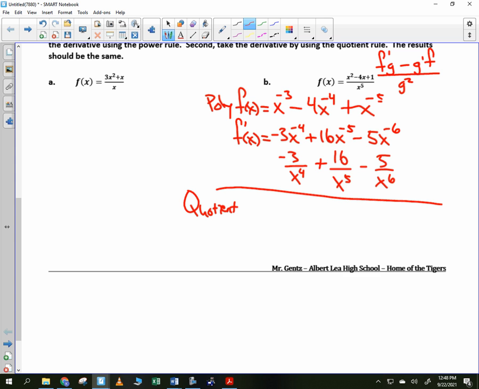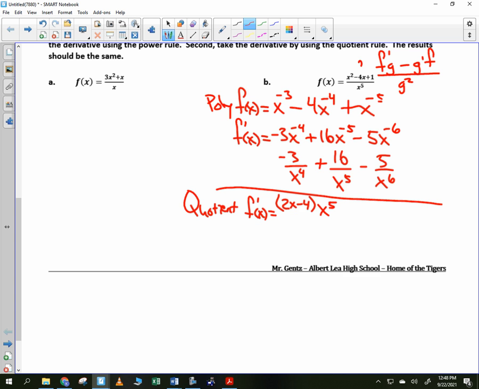F prime means the derivative of the top. What's the derivative of the top? 2x minus 4. Times, what does that mean? You just leave the bottom alone, right? So times x to the fifth.